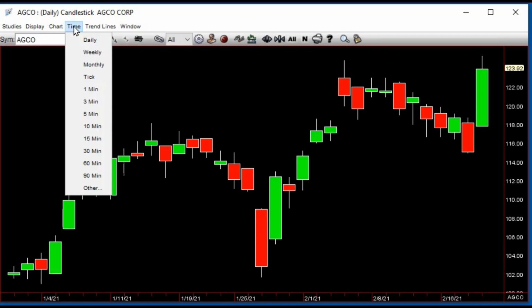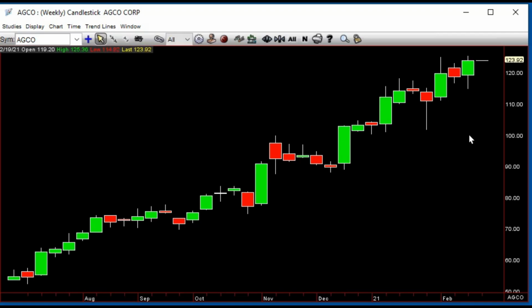And what you're going to notice here on the weekly, the outside bar of this. There's also an inside bar here. It's a 1 bar rev strat, 1, 3. So as soon as this thing goes green here, we're pretty sure this thing's going to go outside. So one of the things about understanding the magnitude on these things is to say here, AGCO opened the week at 119.20.